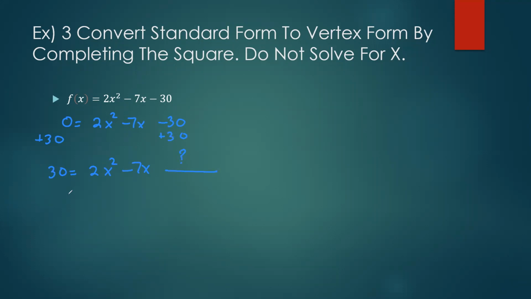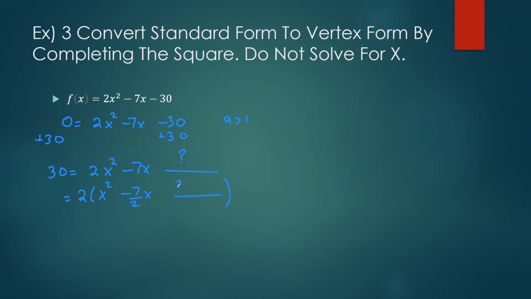Okay, before we put half of b and square it, you have to factor out this 2 because our a value is greater than 1, right? So if we factor out this 2, this would be x squared minus 7 over 2x. And then you put the space.